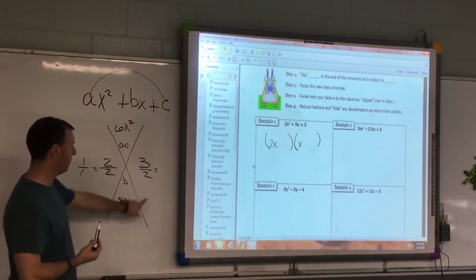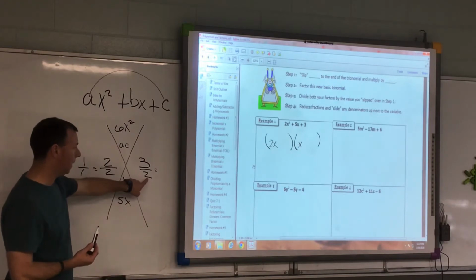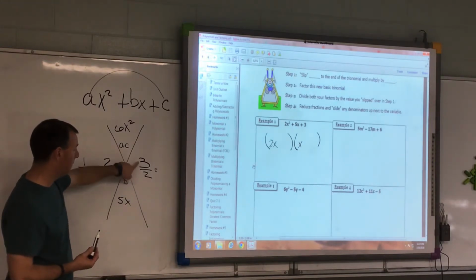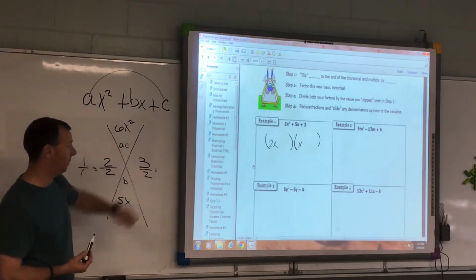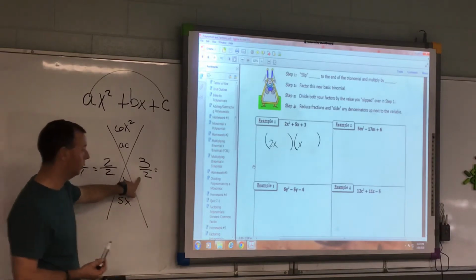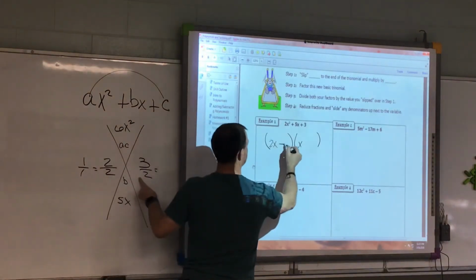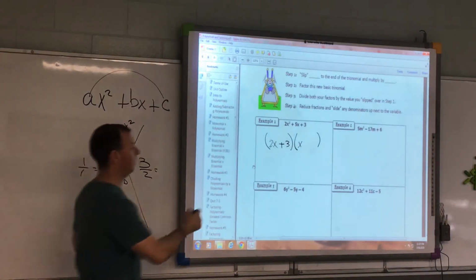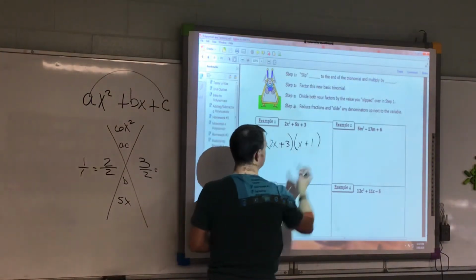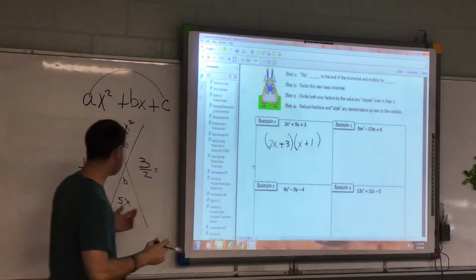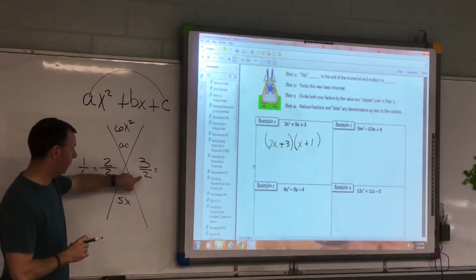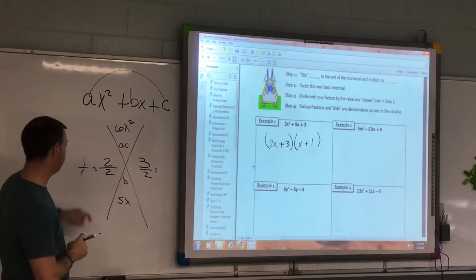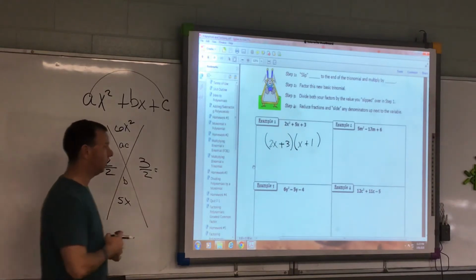I'm going to take whatever's on the bottom and make that my first term, and what's on top becomes my second term. So 3 over 2 becomes 2x plus 3, and 1 over 1 becomes x plus 1.